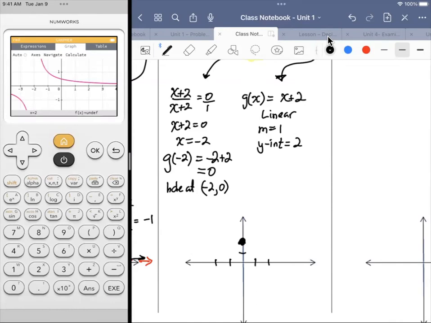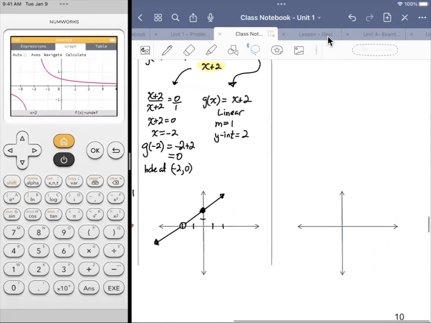So I'd have an open circle here, and I could just draw a line because it's linear. All you need to plot a line are 2 points and a straight edge. And I have my graph. All right. A little wacky though, the way I plotted it, but that's all you would do.